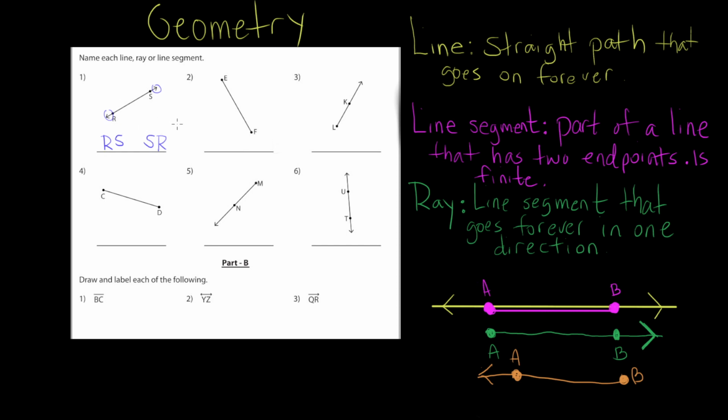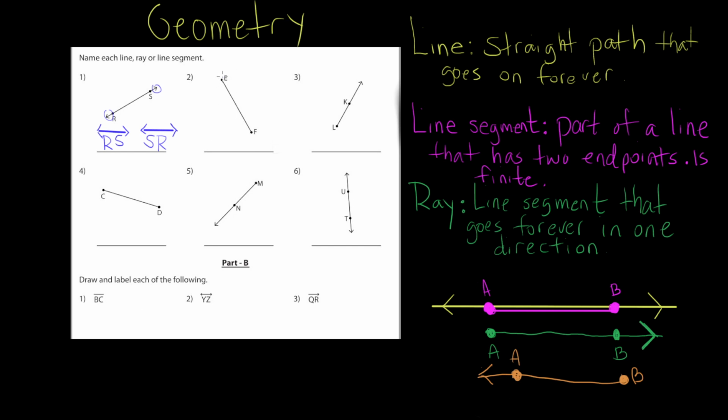They have to be capitals. And then we draw a line over top of each of them. And to show that it's a line, we simply put arrows at the end. So this shows that we are naming line RS or line SR. Okay, let's move on to the next one.